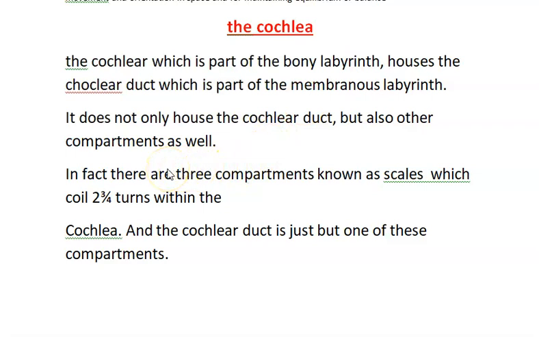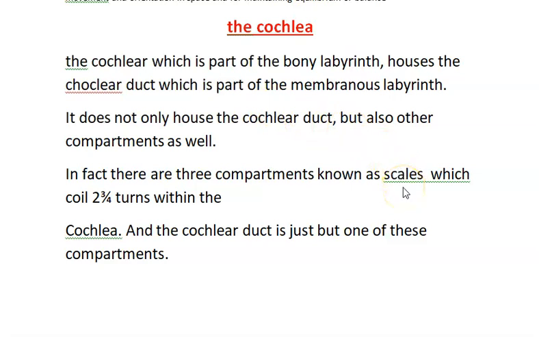Now, our cochlea does not only house the cochlear duct, but it also has other compartments, which we call the scales, alright? So in the cochlea, we are finding the cochlear duct, but not only the cochlear duct, also other compartments, which we call the scales.